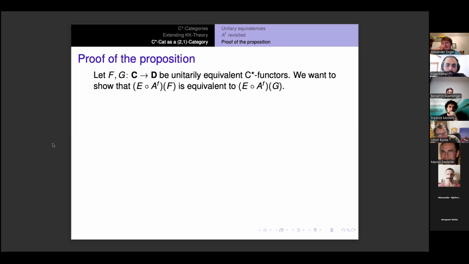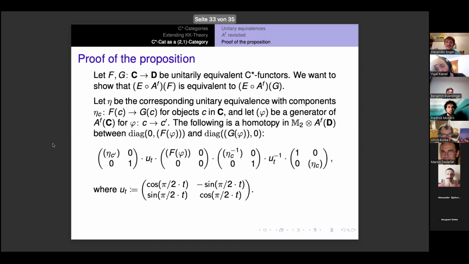If you maybe recall how you prove for the group-valued K-theory that conjugation by unitaries acts trivially, it's a certain rotation trick in 2x2 matrices. And what you do here is basically the same thing, just you have to be a bit more cautious with the formula that you write down.